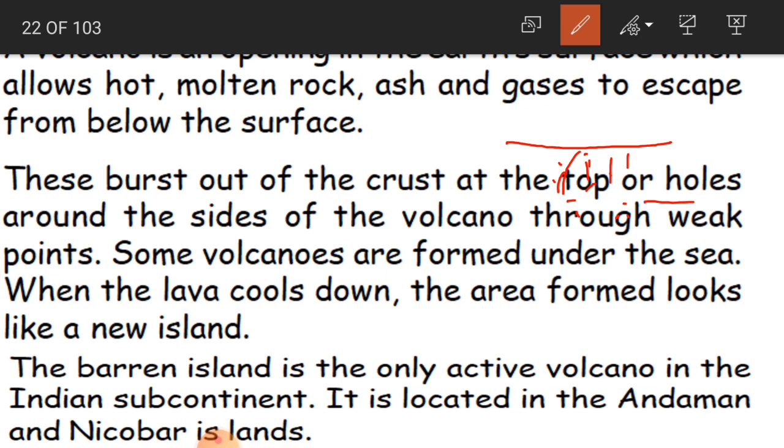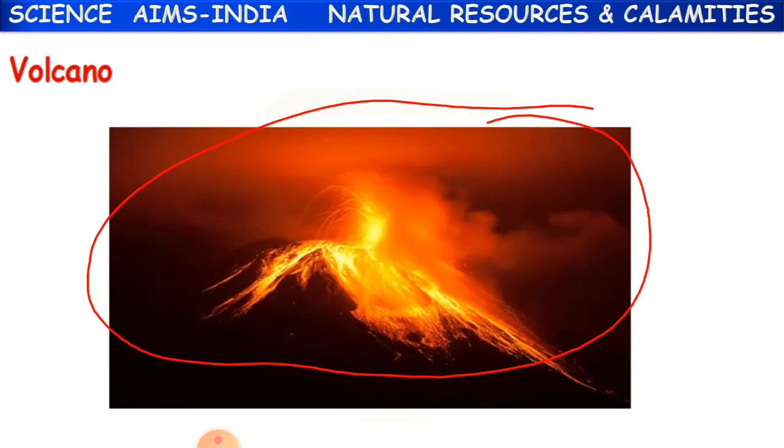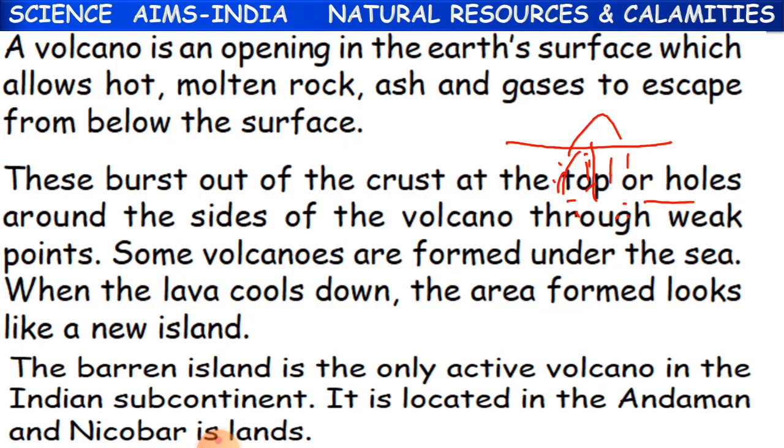In the hot liquid you have rocks, you have gases, and these all are going to come above, that is, they are going to open the earth surface and come above. See here. So this is nothing but a volcano. Where do they come from, children? They come from below the surface of the earth to above the surface of the earth.